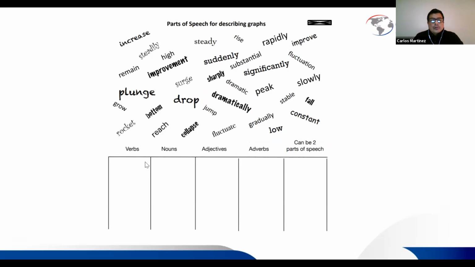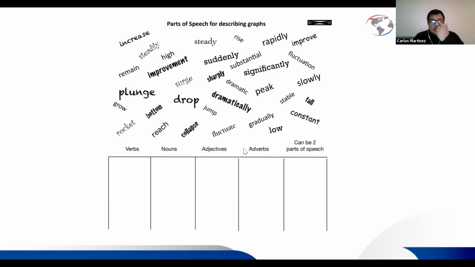Okay, some of these words are verbs, actions. Some of these words are nouns, things. A noun can be a person, a place, a city, or a thing. Some of these words are adjectives, that describe.